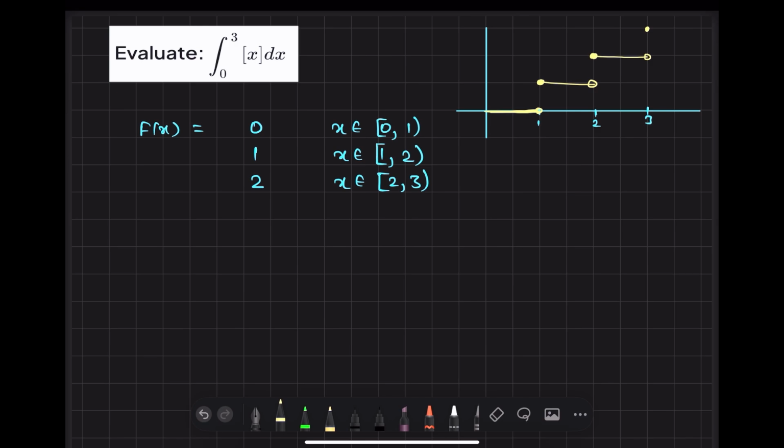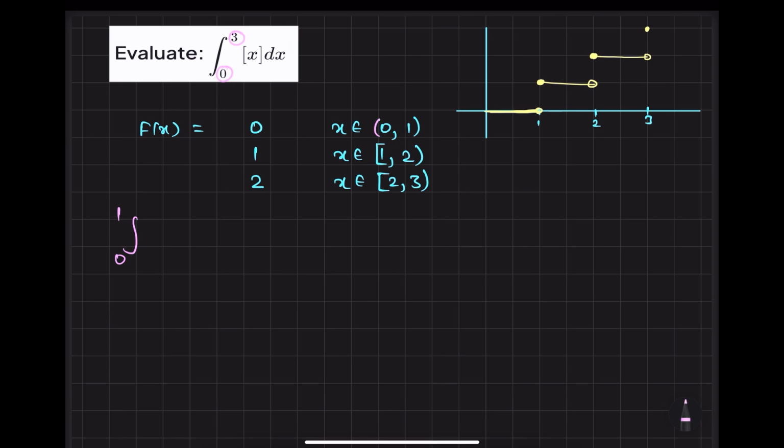Okay, now let's break down this question into sub questions. So from 0 to 1, or else to be on the safe side, just ignore the extremities.